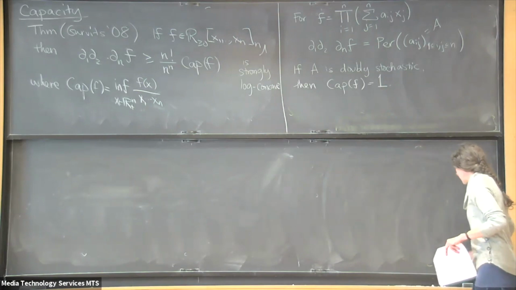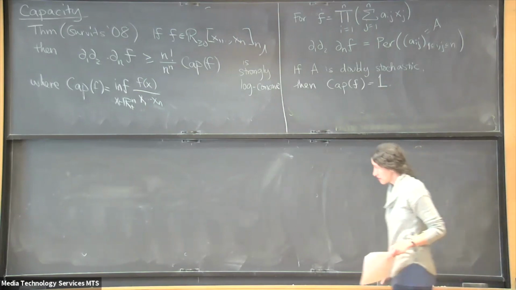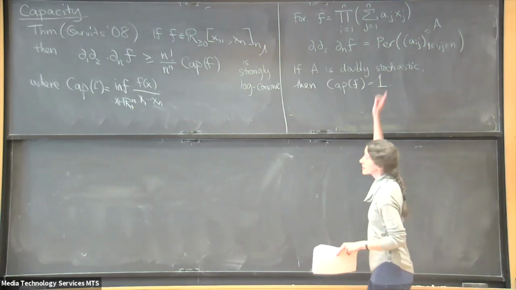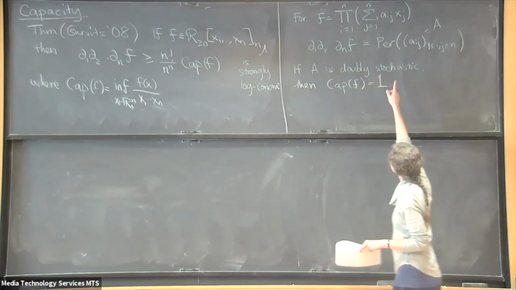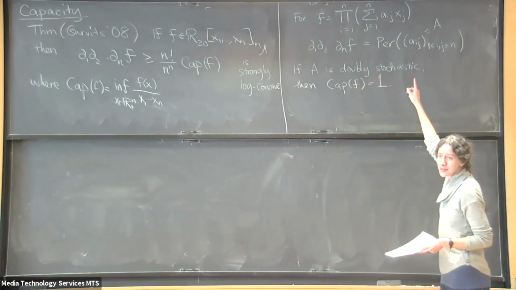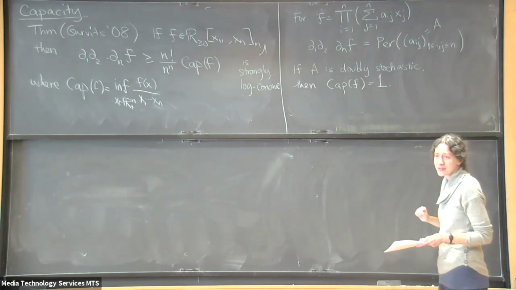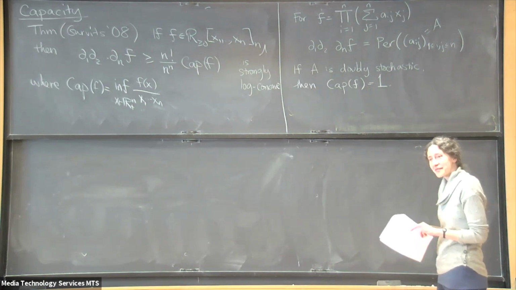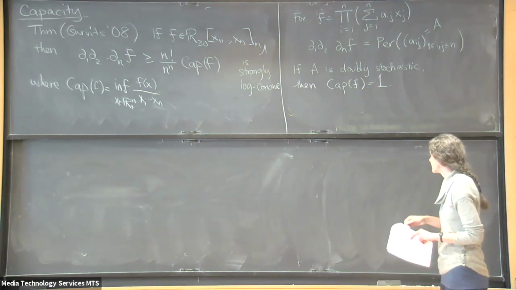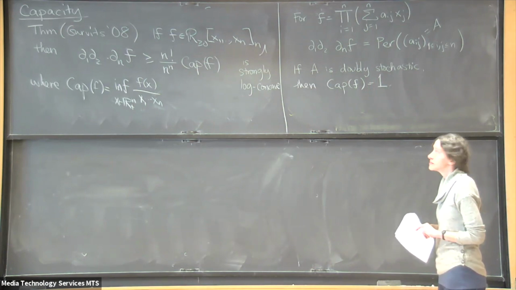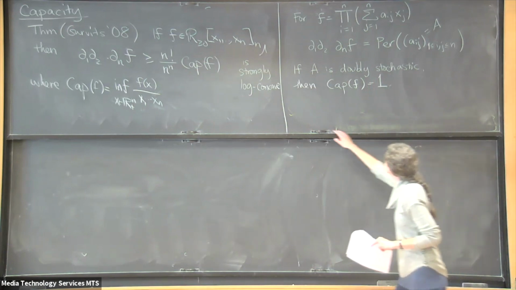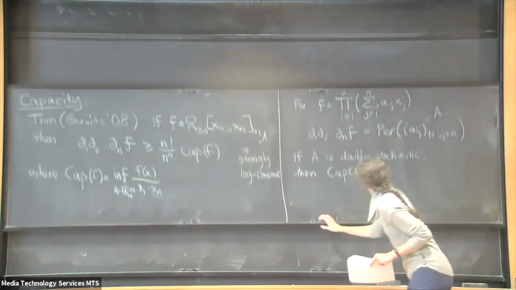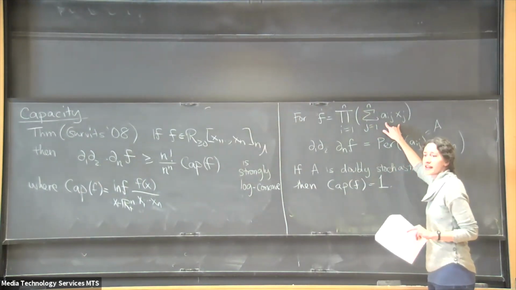How do you say that this polynomial is strongly log-concave? The product of linear forms? Well, every one of the linear forms is, if it has non-negative coefficients, and then you can multiply them. But you're also summing. No, you sum first. So this is just a linear form with non-negative coefficients.